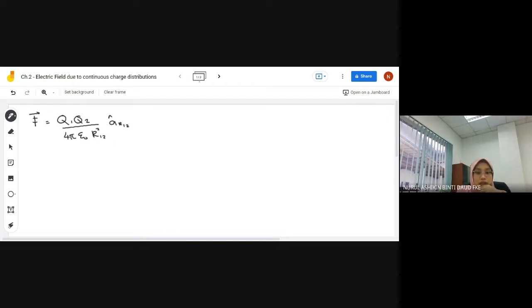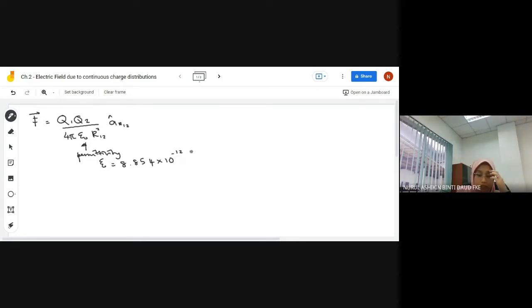And epsilon naught is the permittivity, with the value of 8.854 times 10 to the power of minus 12.